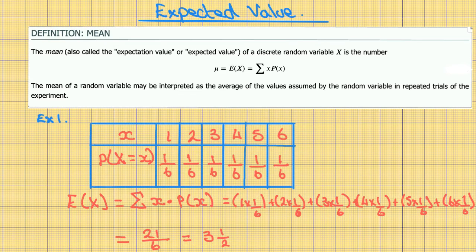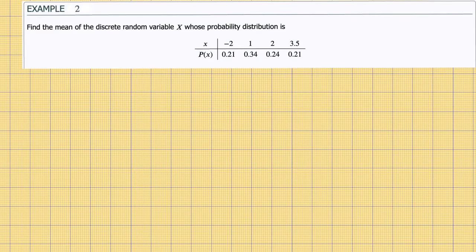That means that if a dice is rolled many times, the average score you would obtain on that dice would be 3.5.